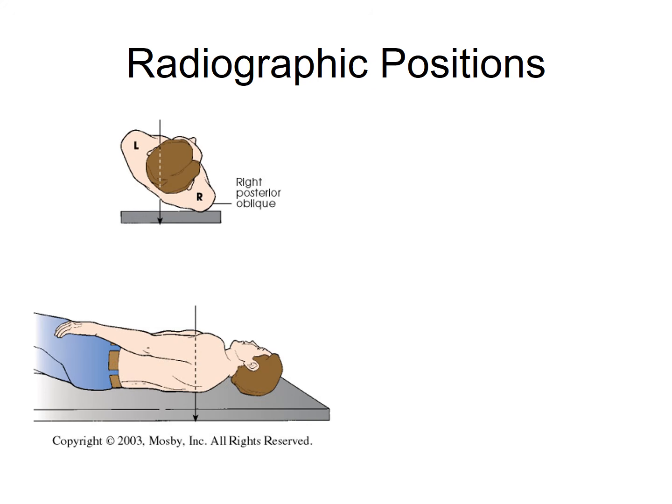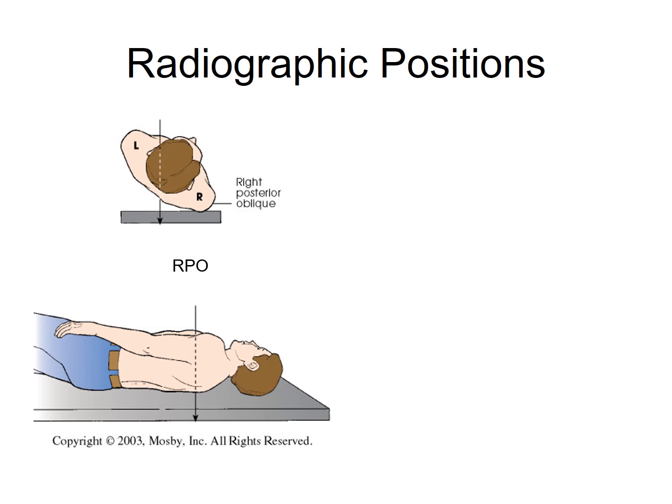Let's look at this now. In this picture, what do we notice? The patient's right side is against the table. Is the front side or the back side closest to the table? The back side, the posterior side. And the patient is not lying flat, they're turned, so they're oblique. So we call this an RPO, a right posterior oblique.